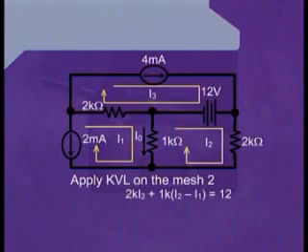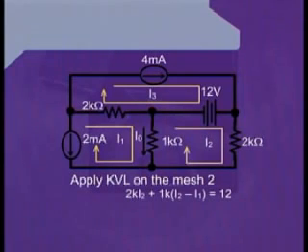Therefore, the two currents I1 and I2 are flowing in opposite directions as compared to each other. And we also have a 12-volt battery connected into this loop. Therefore, we can equate the two terms to 12.